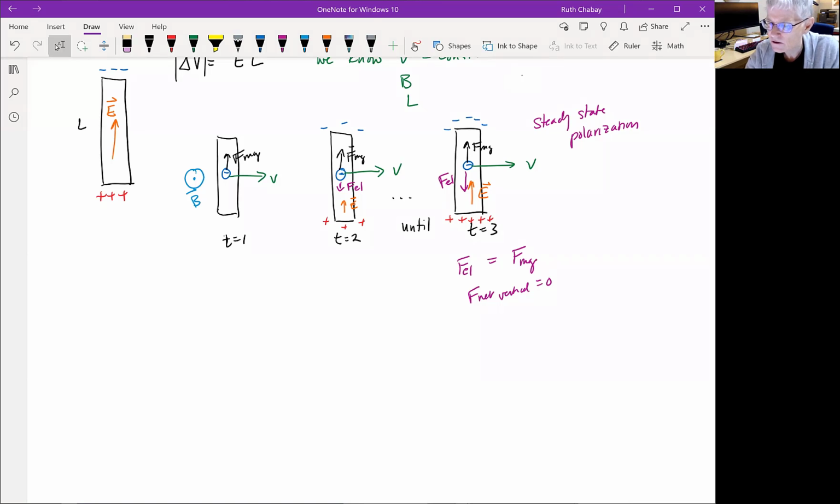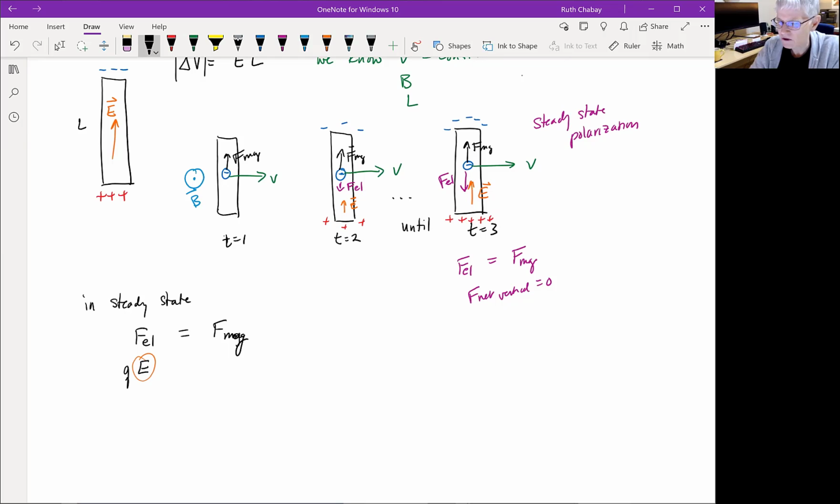Well, maybe we can use this to figure out the magnitude of the electric field. So we know that in the steady state, the magnitude of the electric force is equal to the magnitude of the magnetic force. So we have QE, where E is this electric field we really want to know. So here's our unknown.